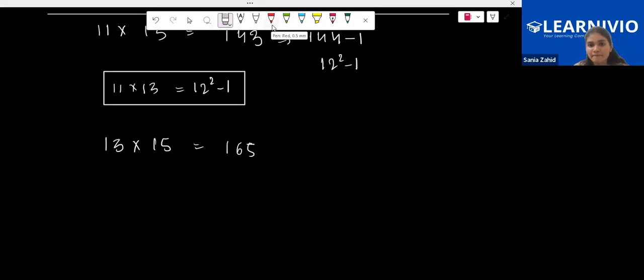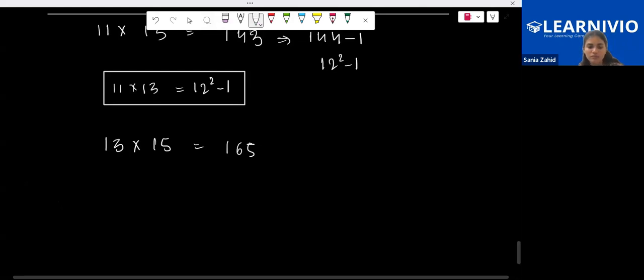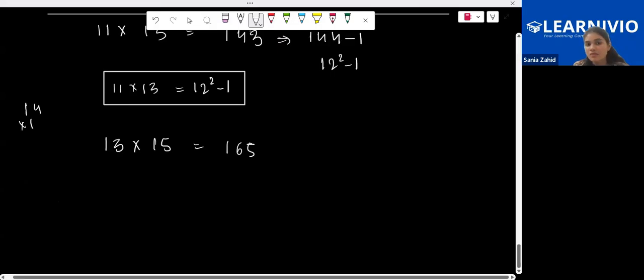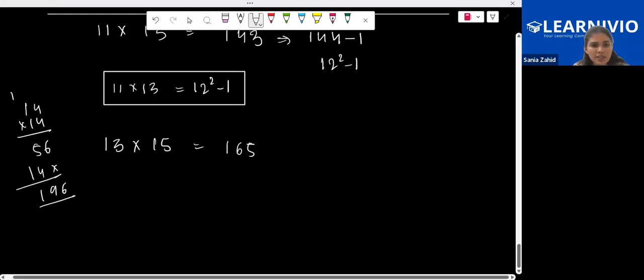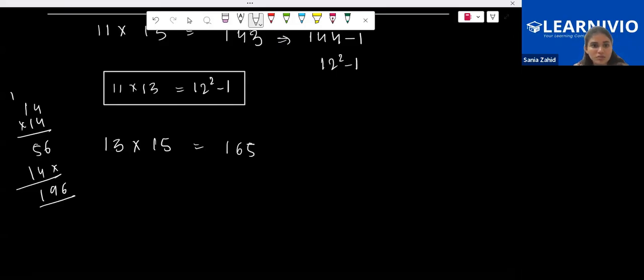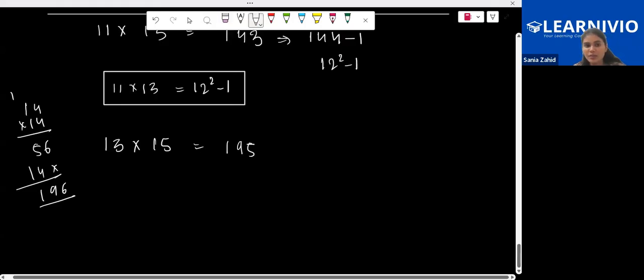What was the square of 14? 196, I think. Did we multiply 13 into 15 wrong? Wait, yeah, we multiplied it wrong. It should be 195. Okay, children, this is 195.